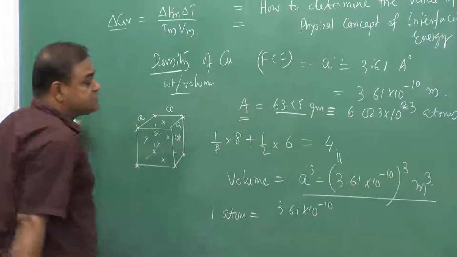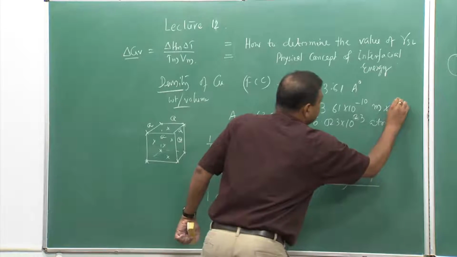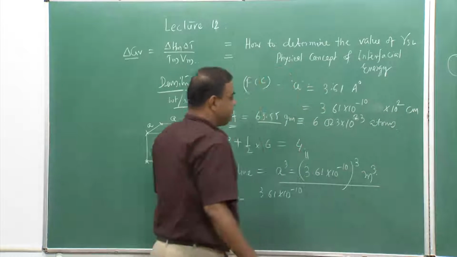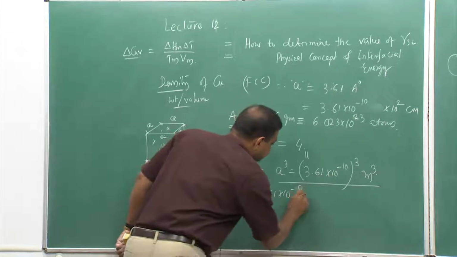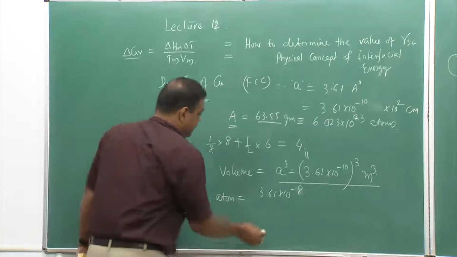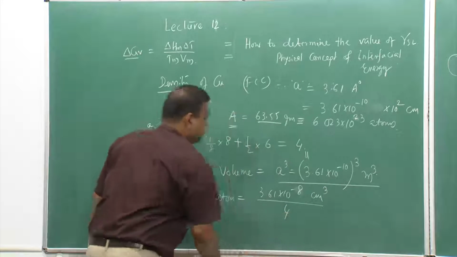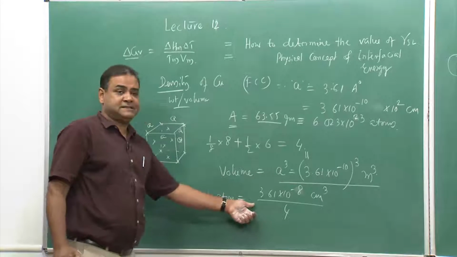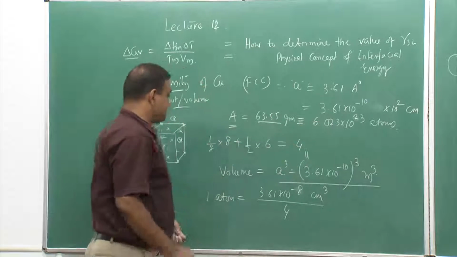I can convert this meter cube to centimeter simply by multiplying with 10^2, so that times it becomes centimeter. So, I just put 10^-8 centimeter cube divided by 4. So, the effective volume of 1 atom would be this. Now, here I know this is the number of atoms.